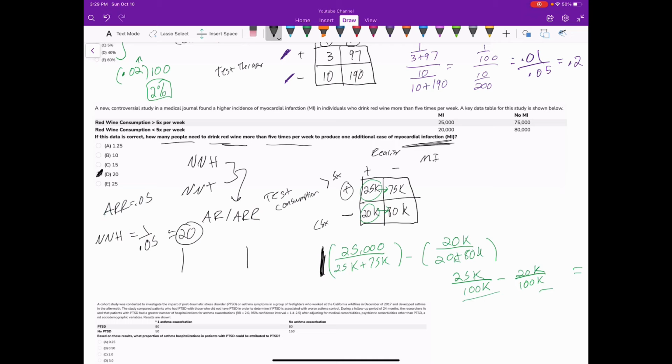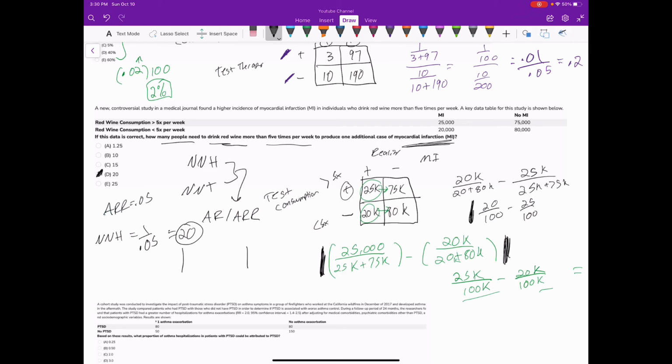So if you just break it down like this, it's really not too bad. And who cares if you know what you're doing or not when it comes to these brackets? What if I did the bottom first? If I did 20K over 20K plus 80K minus 25K over 25K plus 75K, I would get 20 over 100 minus 25 over 100, right?